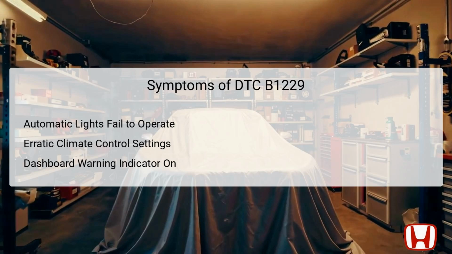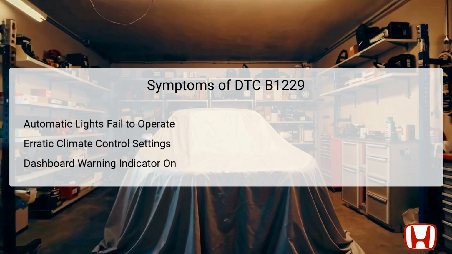Furthermore, you may notice erratic climate control settings where the system fails to adjust based on the environmental light detected, resulting in discomfort within the cabin. Additionally, the vehicle's dashboard may display warning indicators associated with this fault, alerting the driver to potential issues in the sunlight sensor circuit. Recognizing these symptoms can aid in early diagnosis and facilitate timely repairs, ensuring the vehicle remains safe and comfortable to drive.